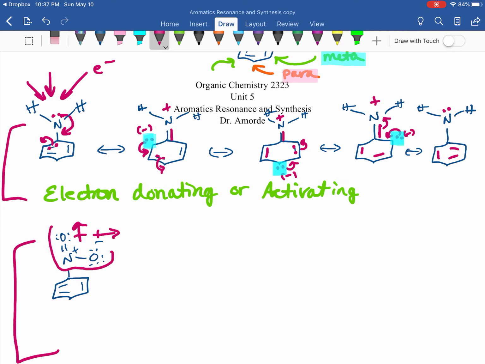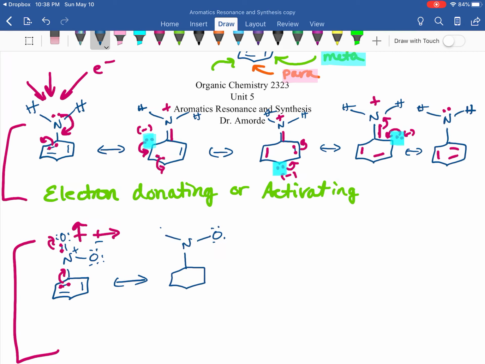Okay, here's what I mean. You've got this whole electronegative group right there, more electronegative than carbon, and you don't have an available lone pair. So the only option is actually to draw electrons in towards those oxygens. They are the most electronegative atoms out of that whole thing.